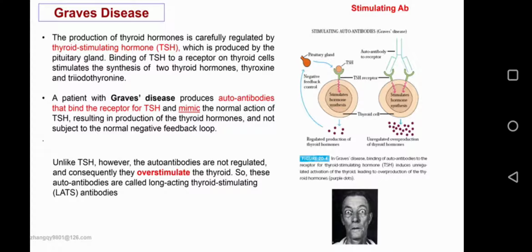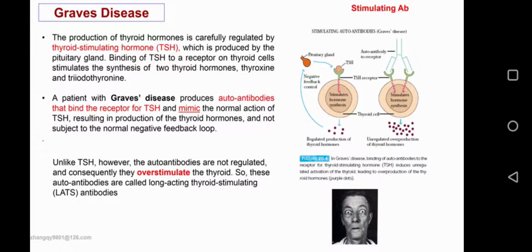This receptor will stimulate the thyroid cell to release T3 or T4 and regulate the thyroid hormone. A normal level of thyroid hormone is very important for our body, right? And once the thyroid hormone is released, it will feed back to the gland. So this is a loop, controlled by our body, right?